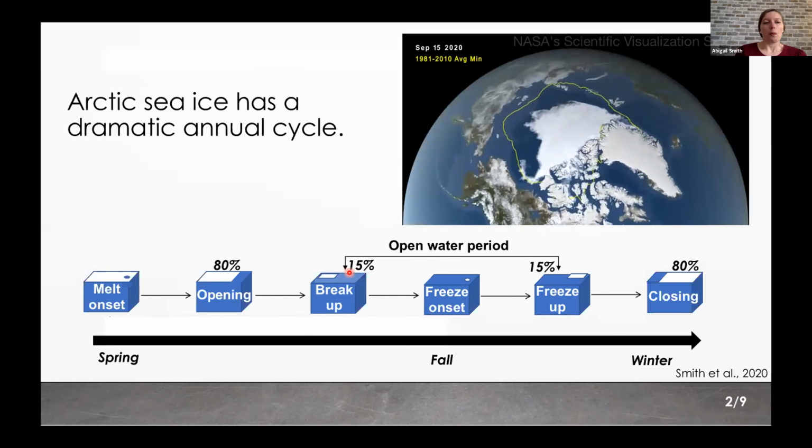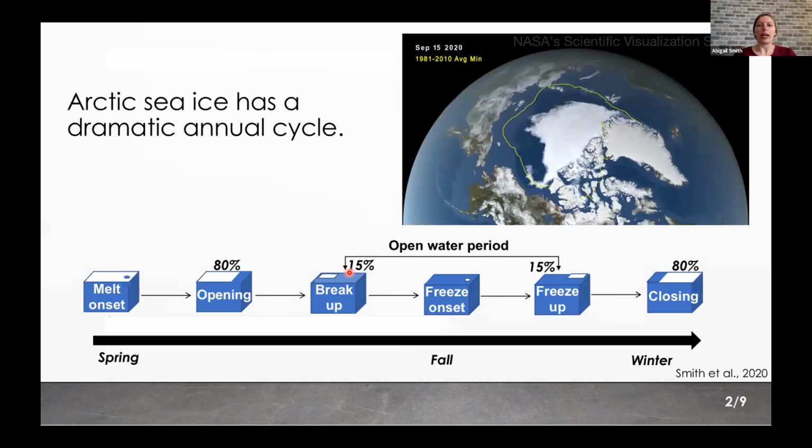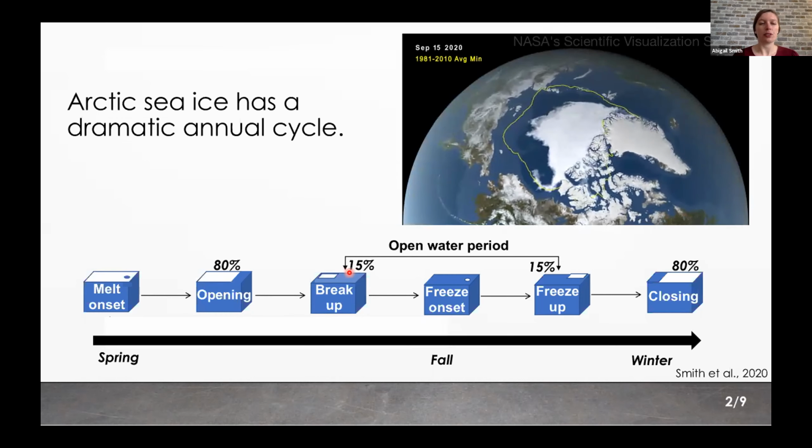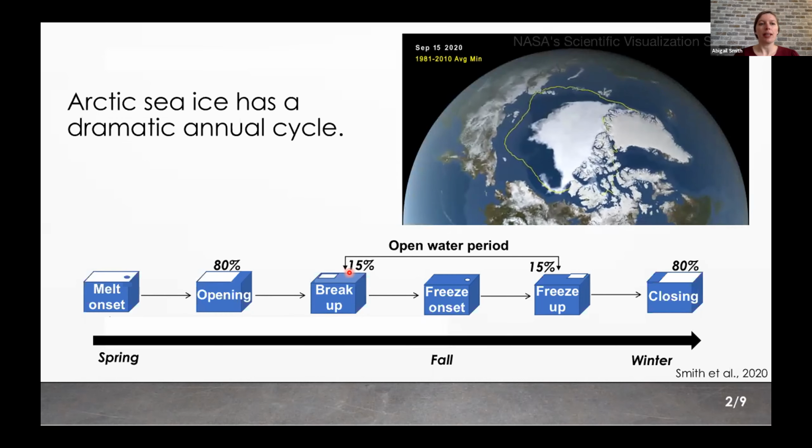So what we've done is break down this really dramatic change that happens every year into a set of distinct dates, starting with the melt onset in the spring, which we define in the models based off of a change in the surface temperature. We then define opening dates, which is when the ice concentration at a given grid cell passes below 80%, and then breakup dates when it passes below 15%.